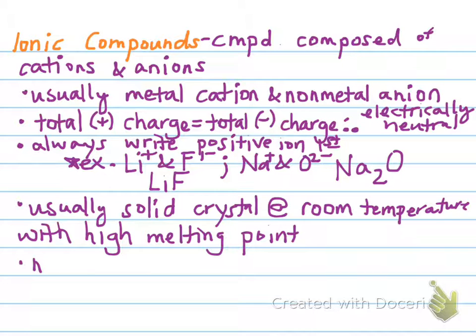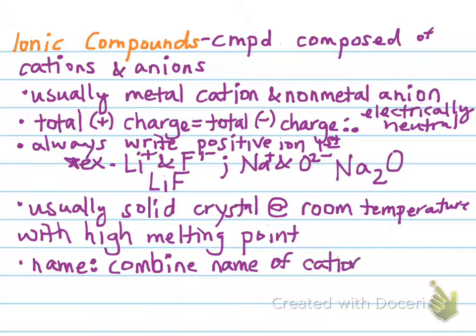And to name ionic compounds, you are just going to combine the name of the cation and the anion, dropping the word ion.